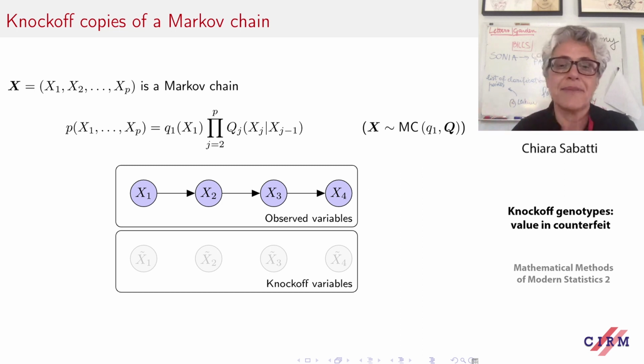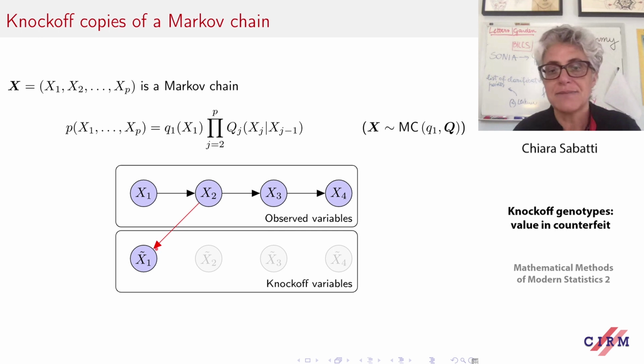So this is a schematic representation of a Markov chain. So we have the law of the Markov chain. It's our observed variable. Let's see how we're going to construct knockoffs for them. So the first knockoff has to be sampled from the conditional distribution of x1 given the rest.